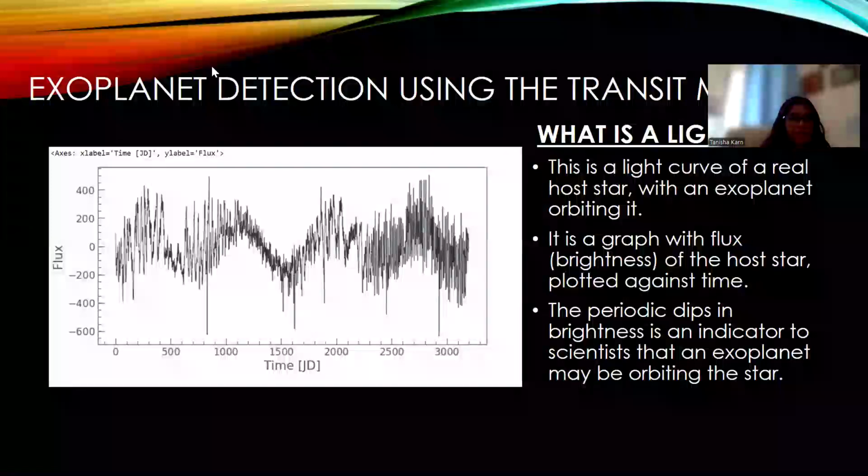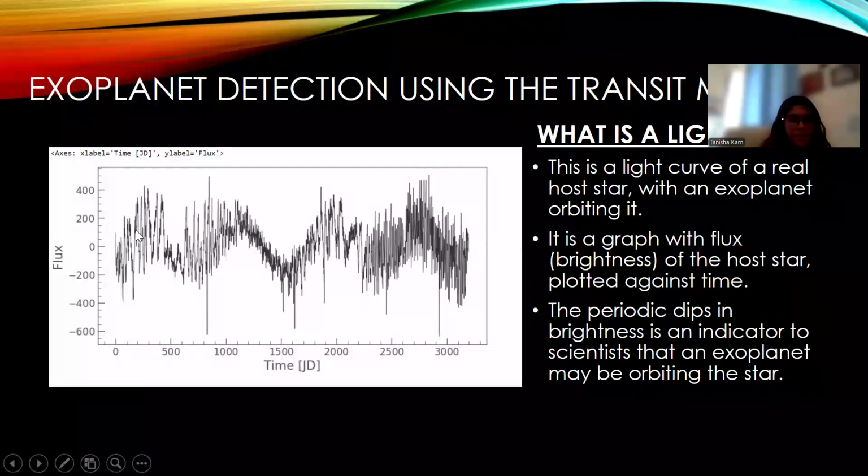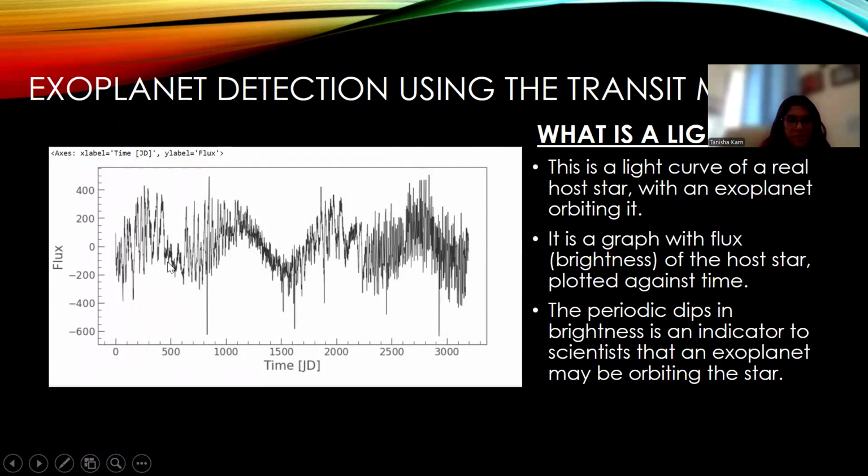Let me just show you over here. This is a light curve. So brightness, or flux in other terms, versus the time period of the orbit. When the light emitted by the star is dimmed, you can observe a small dip in the light curve.